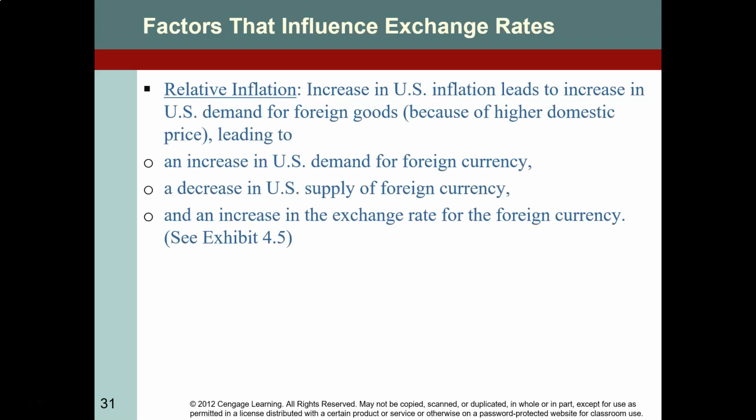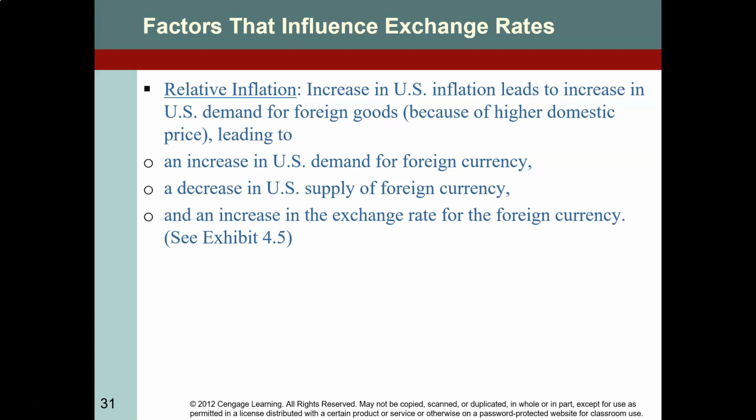The first factor is relative inflation, delta INF, the change in the inflation rate between the two countries. An increase in US inflation rates will lead to an increase in US demand for foreign goods because of higher domestic price.